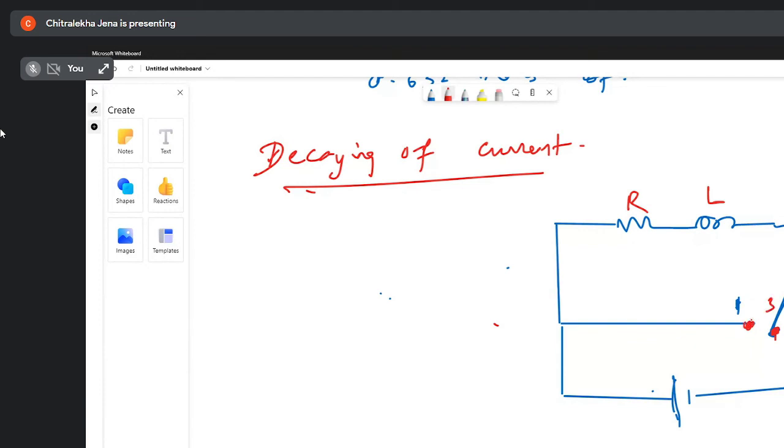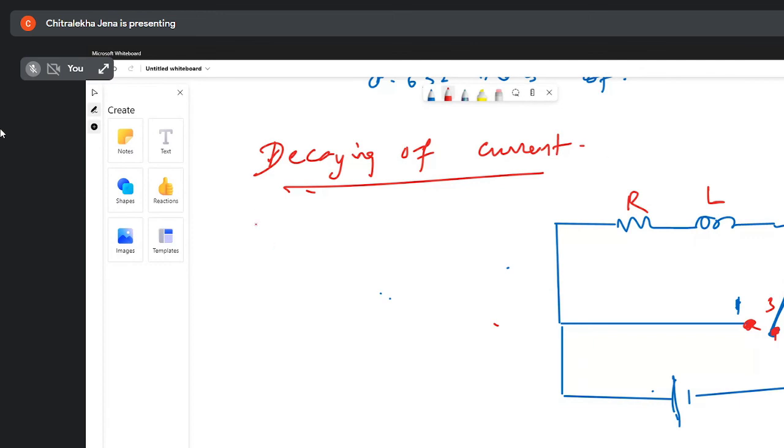This one is position number 2. Okay. Think of a condition. The switch was connected to position 1. Now it is connected to position number 2. Think of a condition when the switch is thrown to position number 2.